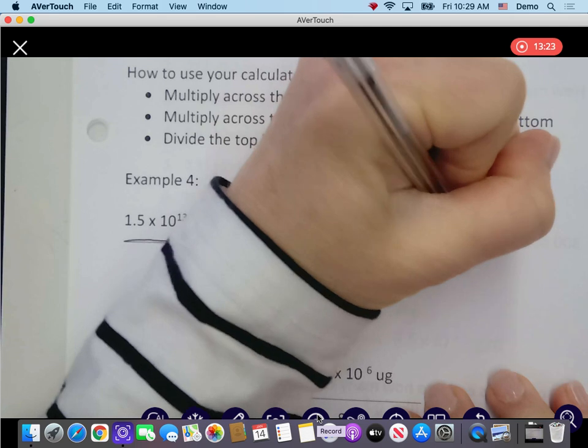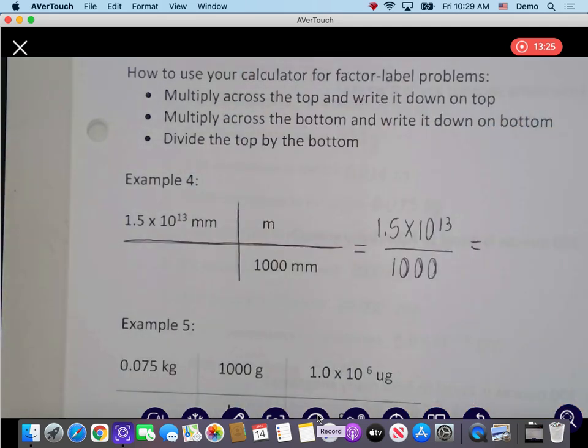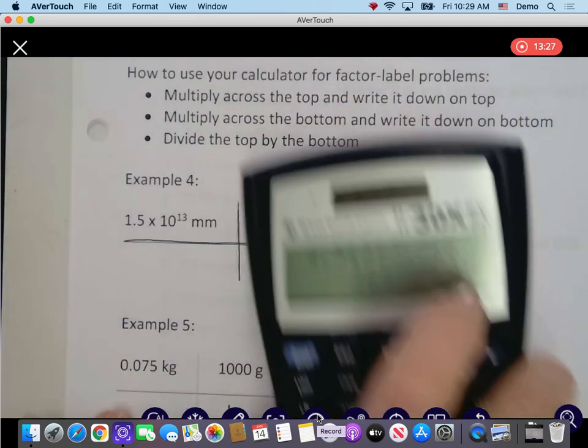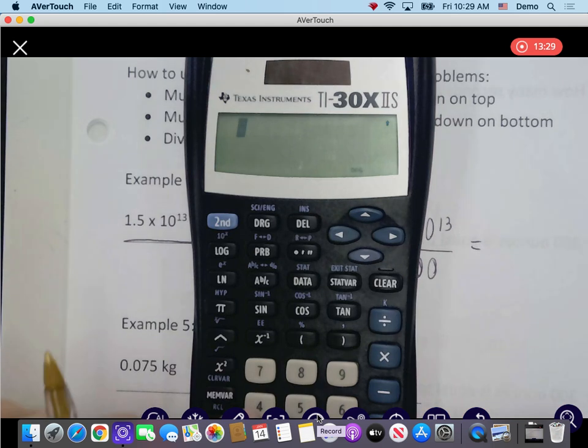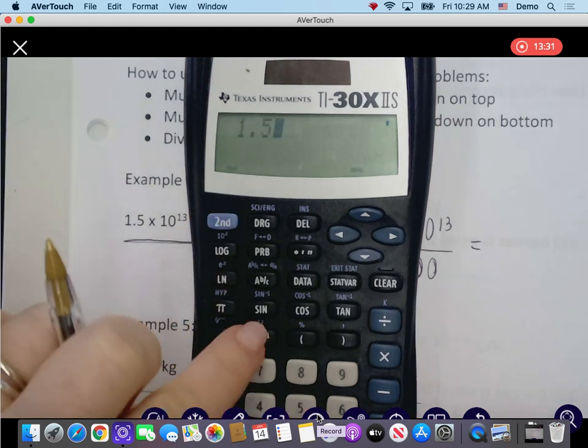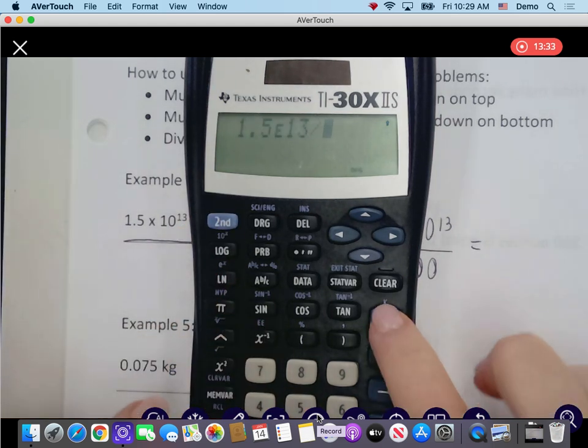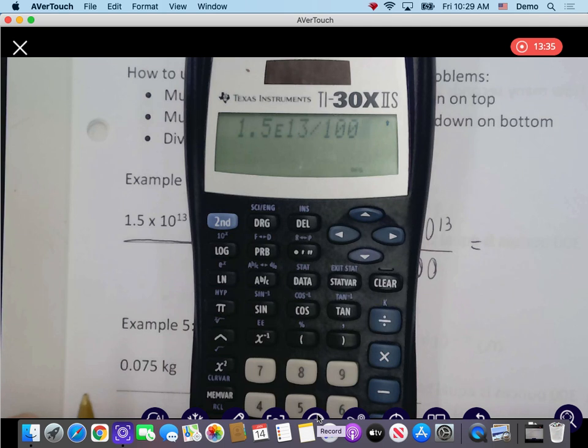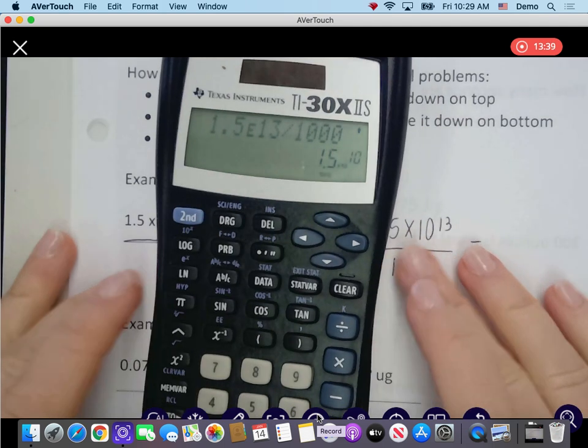And then we're just going to divide those two numbers. So 1.5 times 10 to the 13 divided by 1,000 equals 1.5 times 10 to the 10th.